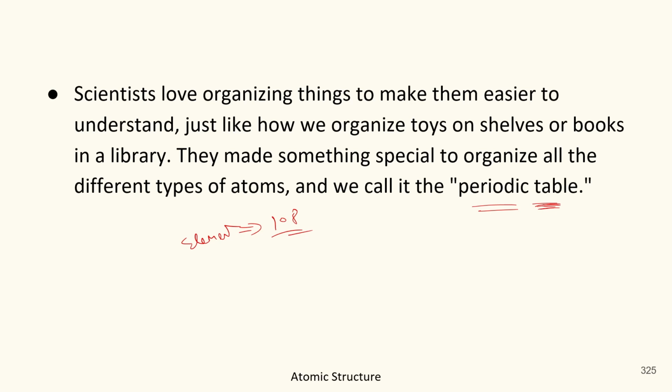If we want to study them, first of all we need to arrange them in a proper order. And arranging them in a proper order requires some link, some base on which they could be arranged. Got it? So for this we have the periodic table.